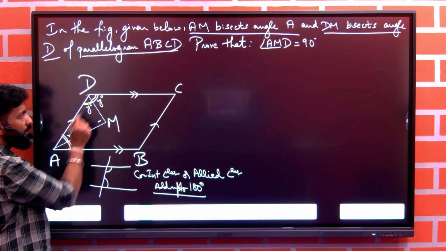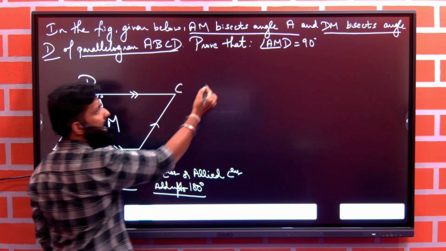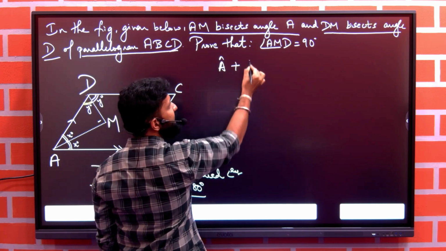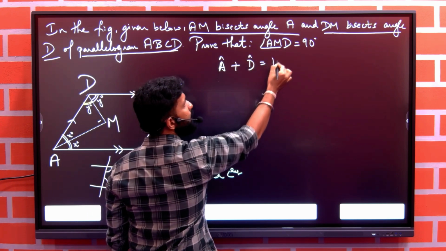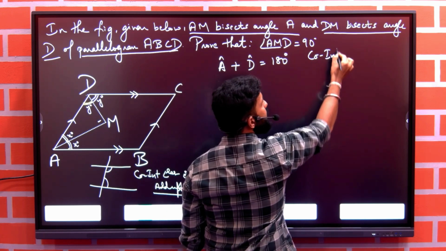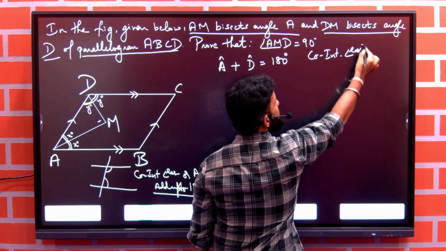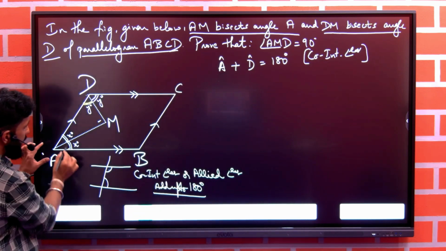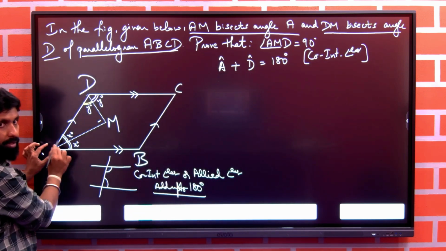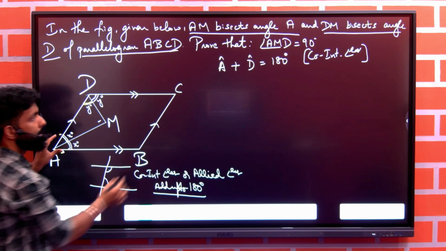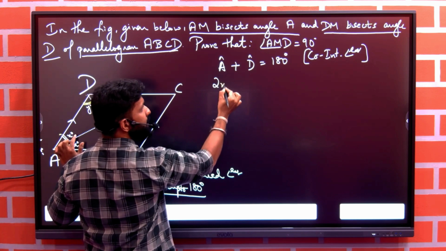Now, if you realize that, immediately I am going to say the entire angle A plus the entire angle D is equal to 180 degrees. So reason is co-interior angles. So instead of the entire angle A, do I write x or 2x? Obviously, I write 2x. The entire angle A is 2x. So instead of A, I write 2x.